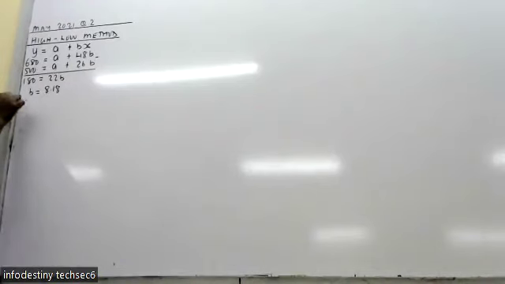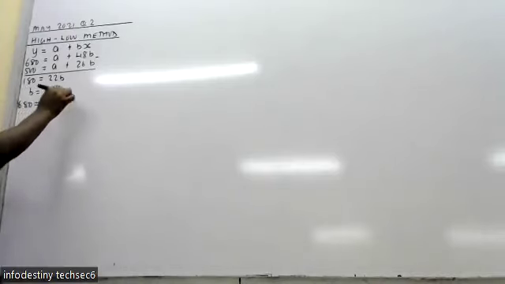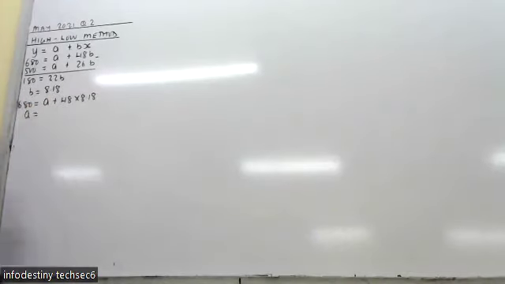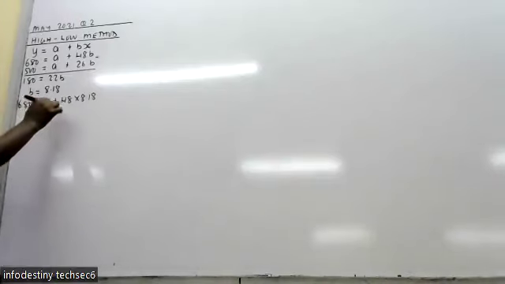So now we have 680 is equals to a plus 48 times 8.18. So give me the value of a. 287.36.